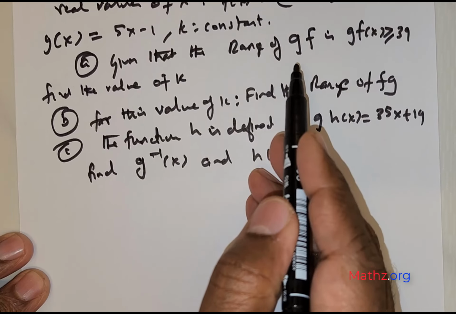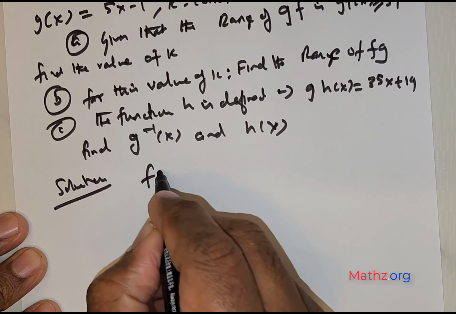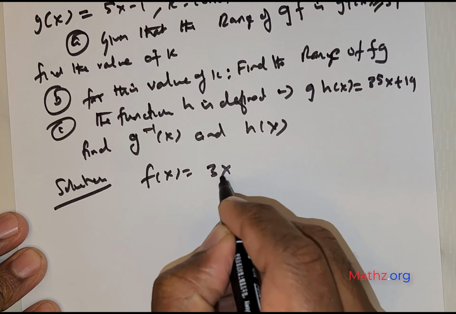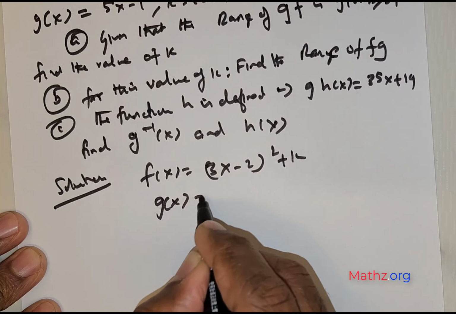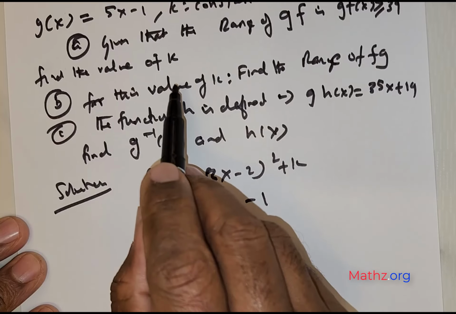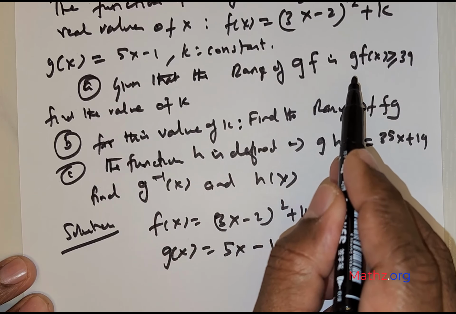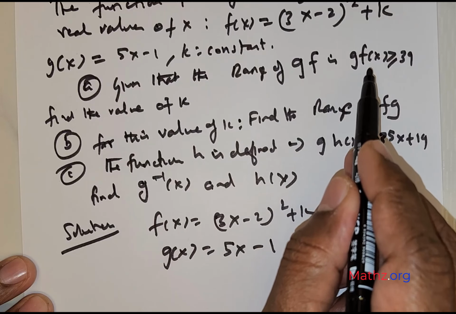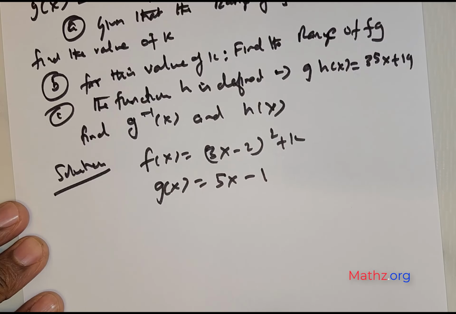So first let me write the function. f of x is given as 3 times (x - 2) raised to the power of 2 plus k. g of x is given as 5x - 1. Now given that the range of gf is such that gf of x is greater than or equal to 39, we are asked to find k.